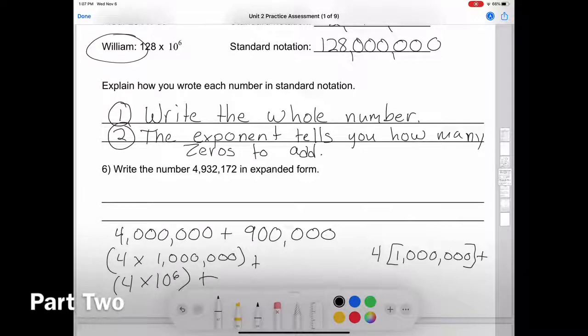That's another way. So if I was going to do this the easiest way, or you could do it word way, you can do 4 million plus 900,000 plus. So whatever way is easier. I'm going to do it the easiest way, I think. So I'm going to do it this way.